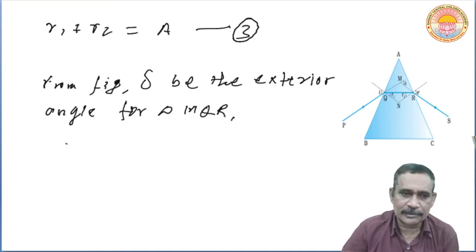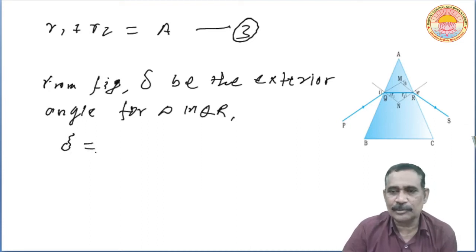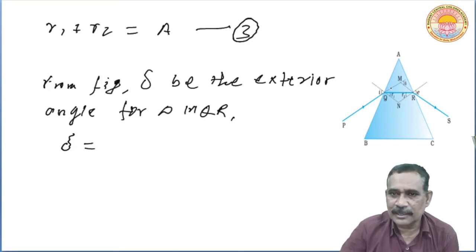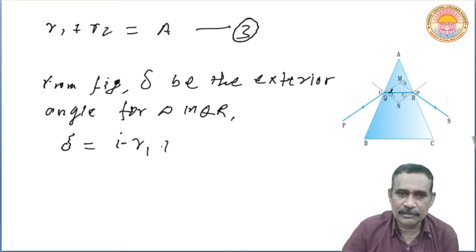So delta equals the sum of the interior opposite angles. In this figure, angle MQR is equal to I minus R1, plus this angle, which is E minus R2.